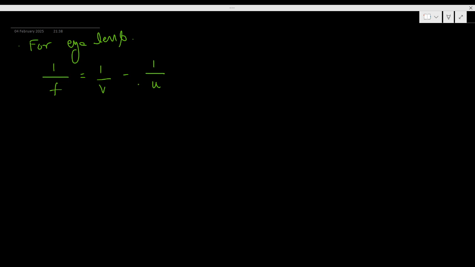This is the lens formula. And we can just put the values. F is plus FE. V is minus D. And u is minus UE. Now we put these values.